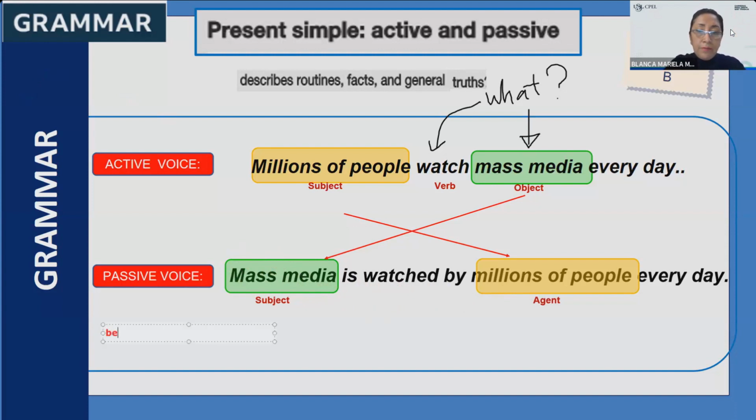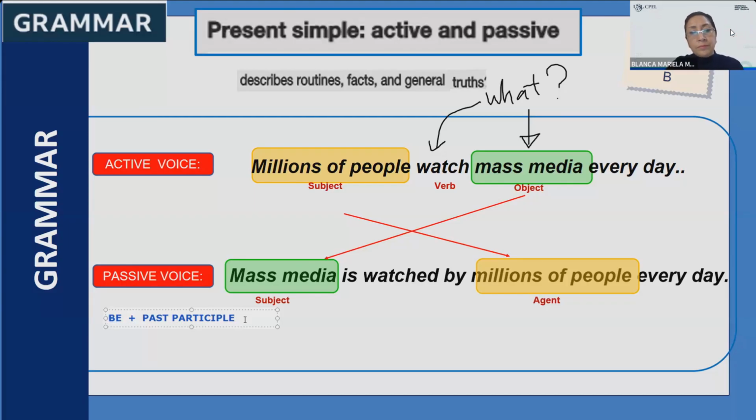Now, another thing that you need to know is the base form of the passive voice. So, this is the base of the passive voice. You need to know that the base form is the verb to be and the past participle. So this is the base form for verbs in passive voice. The verb that you are going to conjugate is the verb to be.